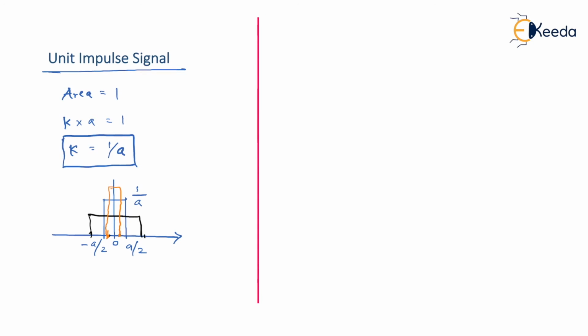But we have already studied the definition of impulse signal. It is a signal which will have a very short duration. Theoretically, in fact, width should be equal to 0.